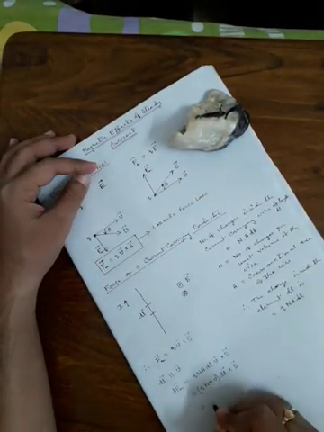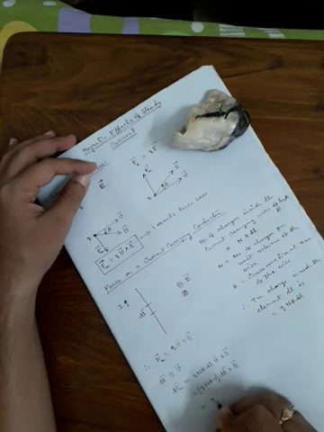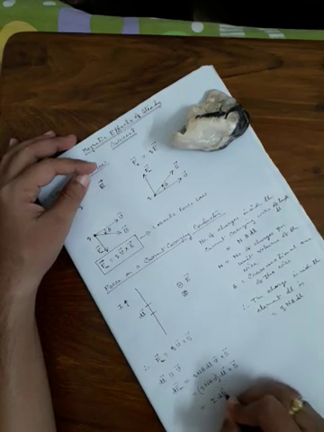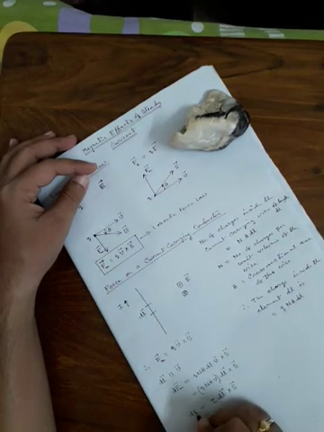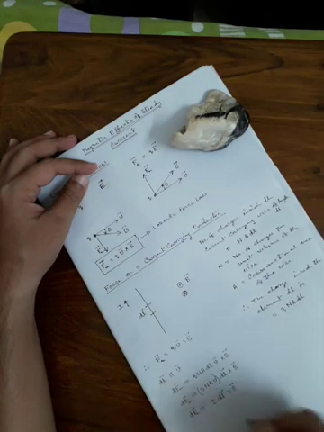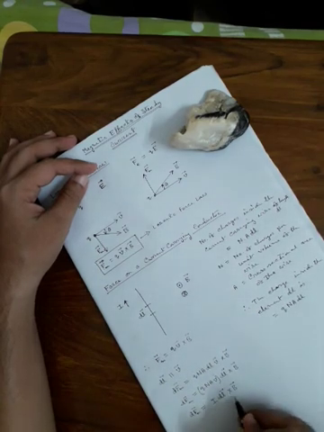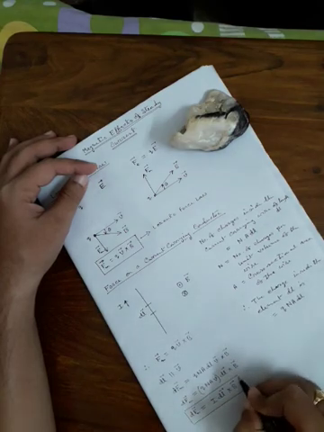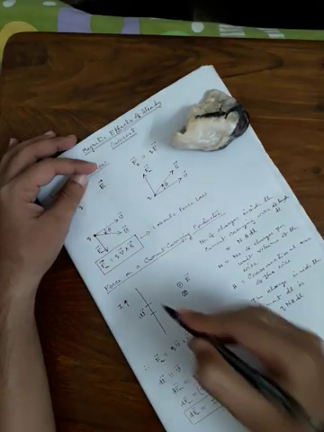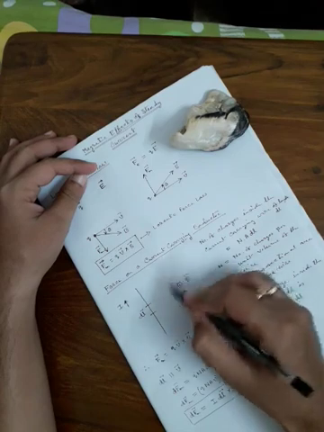So we can write I dl cross B. Therefore, dFm is equal to I dl cross B. This is the force acting upon this current carrying wire due to this magnetic field.